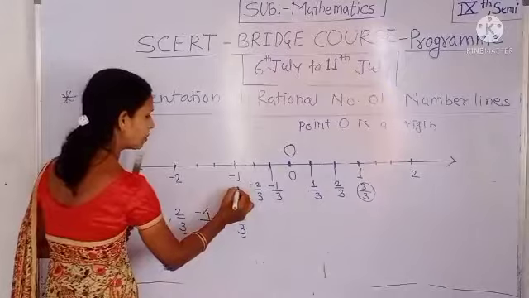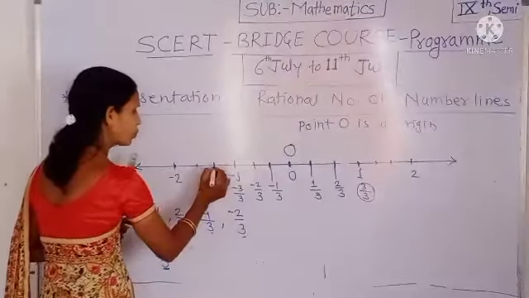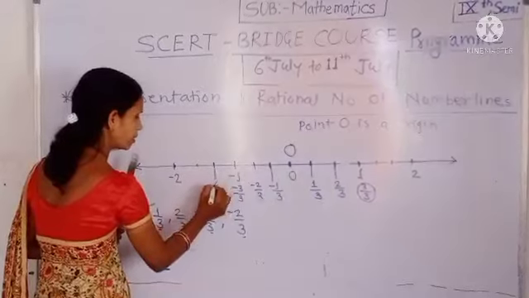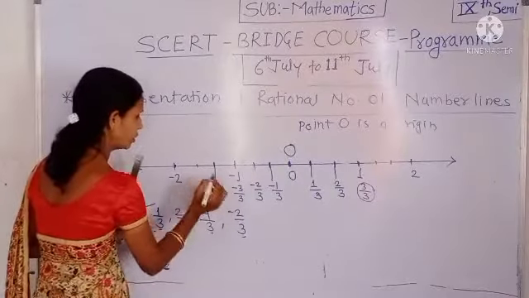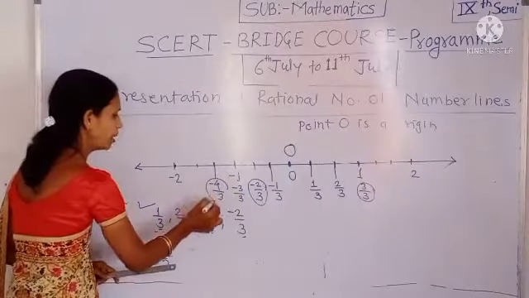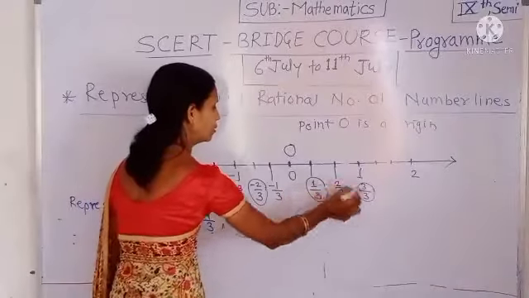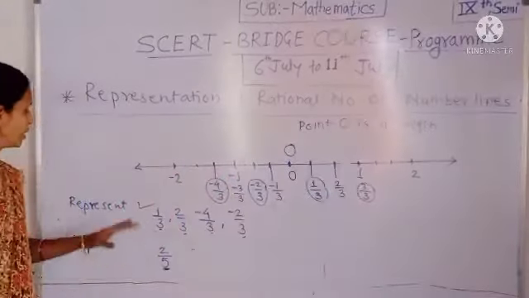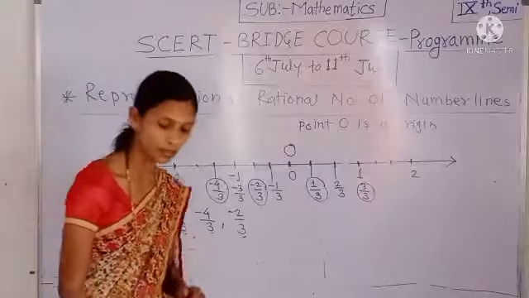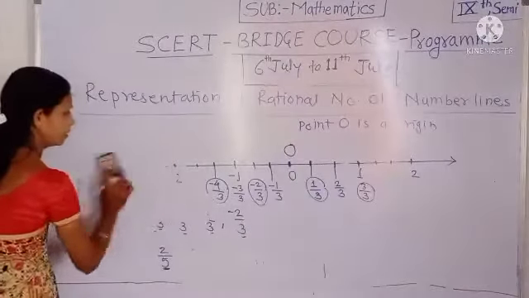That minus 1 means minus 3 upon 3. Then at the fourth point, see here minus 4 upon 3 is there. Then see here minus 2 upon 3 and minus 4 upon 3, as well as 1 upon 3 and 3 upon 3. Like that we can represent the rational numbers on a number line.